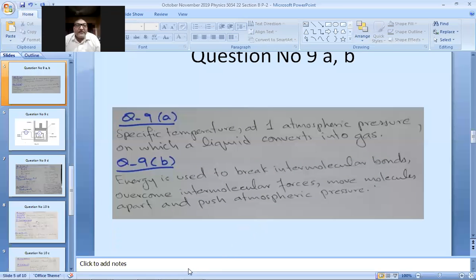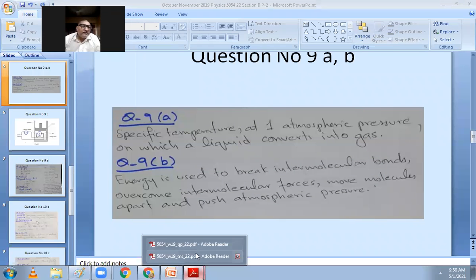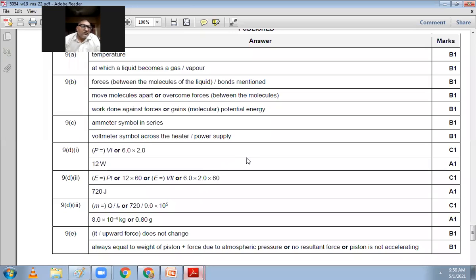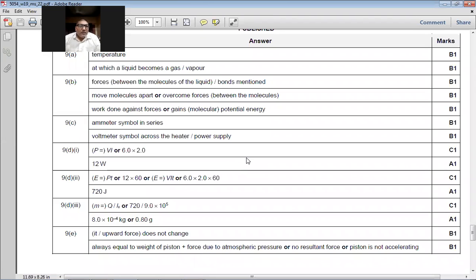Let's check the marks. It says forces between the molecules of the liquid, bonds mentioned, move molecules apart or overcome forces between the molecules, work done against the forces, or gain molecular potential energy.